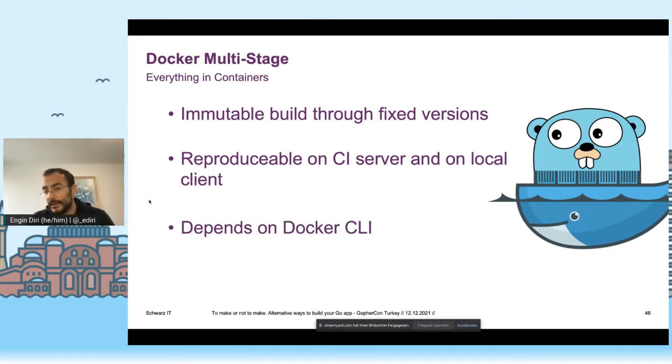And here again, we have one situation where it depends on the Docker CLI. Yeah, I know there are some projects outside who try to emulate as much as possible from the Docker DSL. I'm not 100% sure that every alternative runs multi-stage builds, for example, perfectly and understands all the stuff.